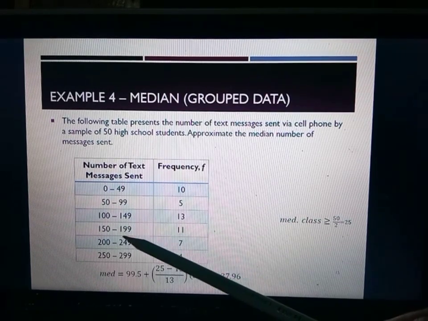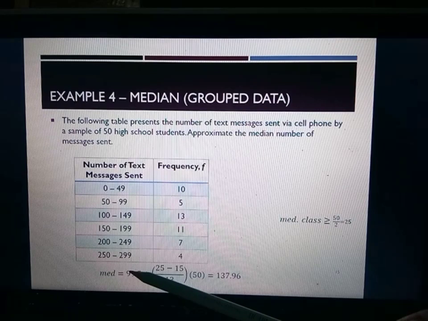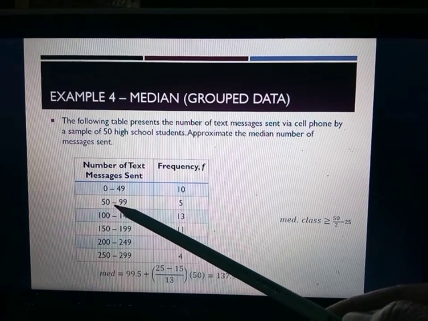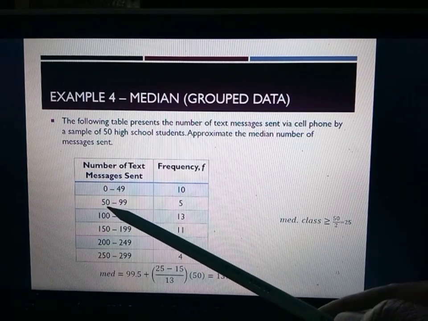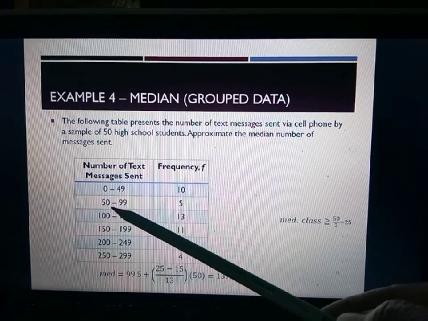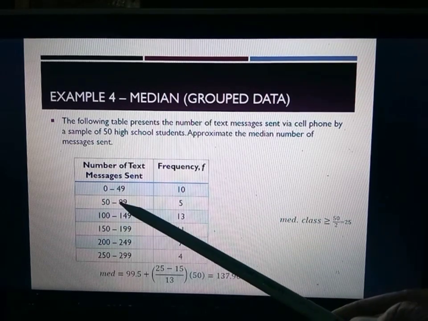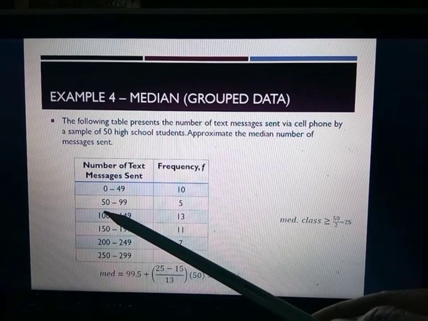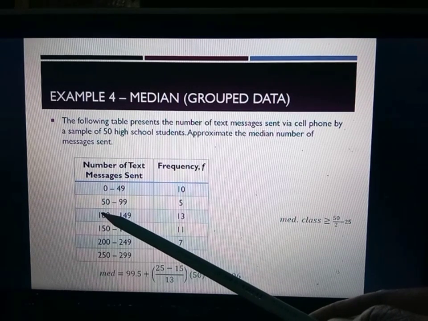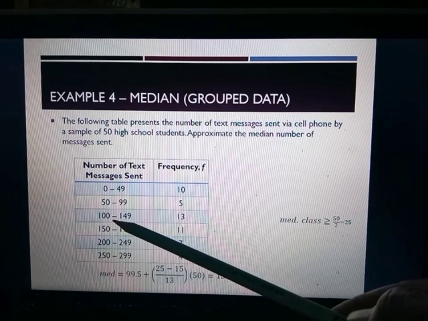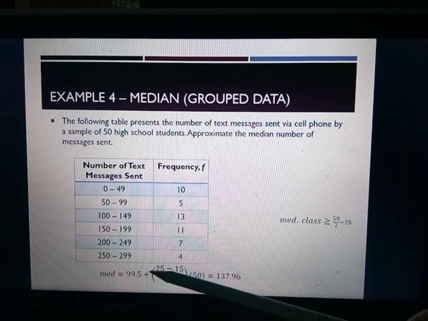The formula for the median is: L_M is the lower class boundary. The lower class boundary is 99 plus 100 divided by 2, so we have 99.5 as the lower class boundary for the median.